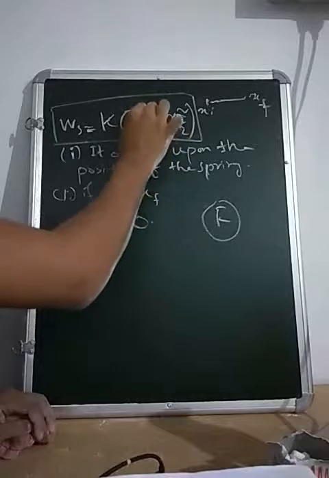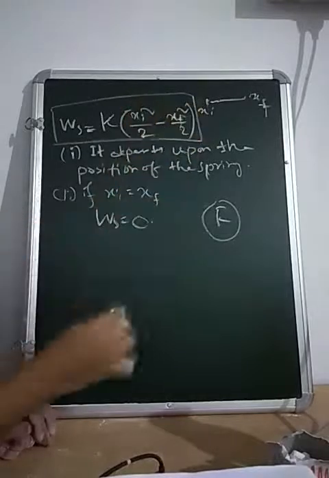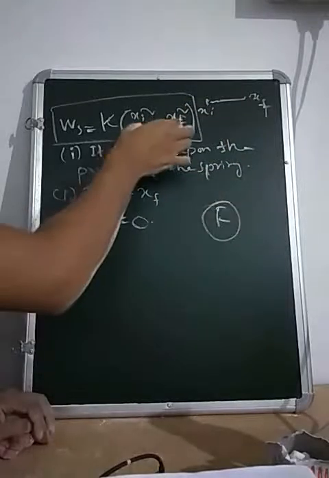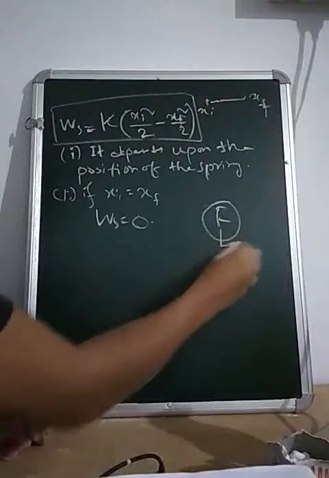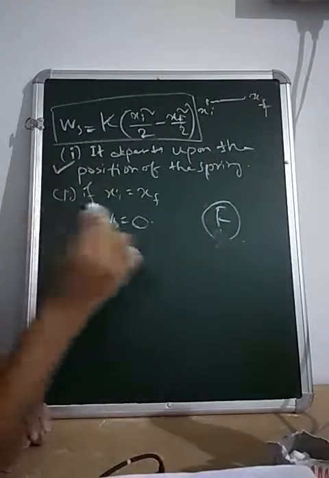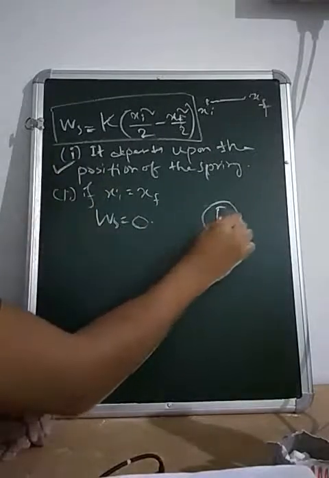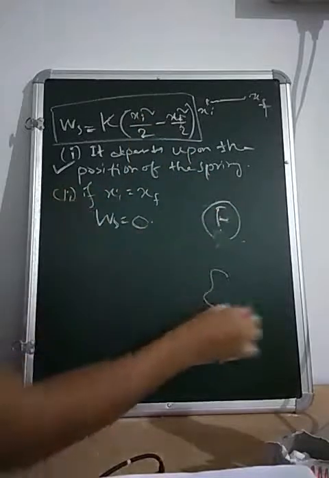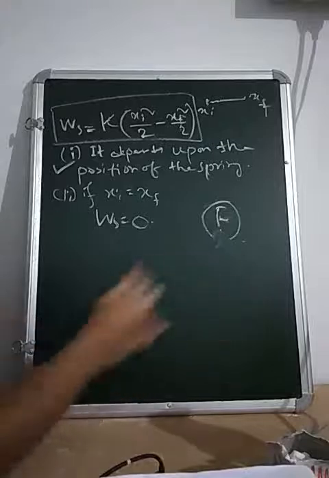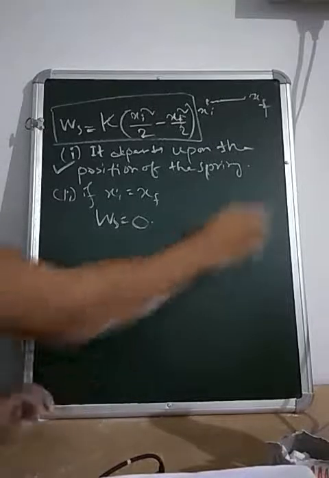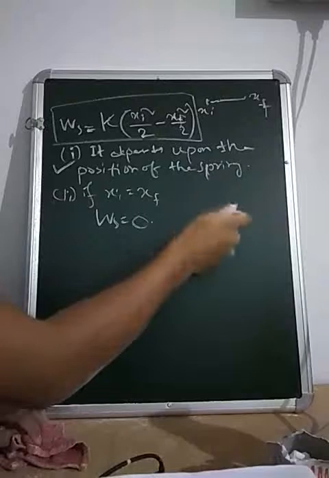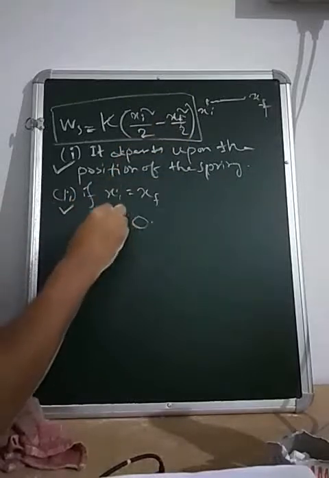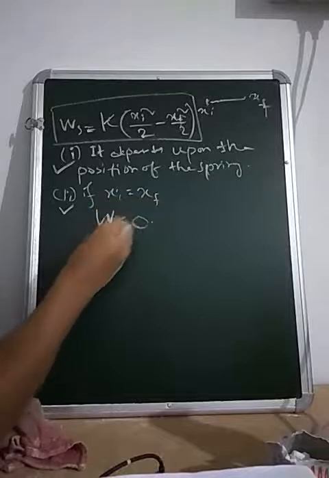In case of conservative force, the work done is position dependent. And secondly, in case of a cyclic path, a closed path, the work done is 0. If initial and final position are the same, then work done will be 0.